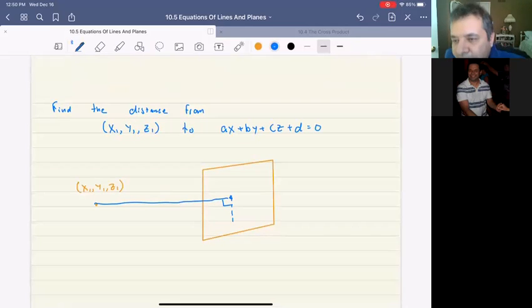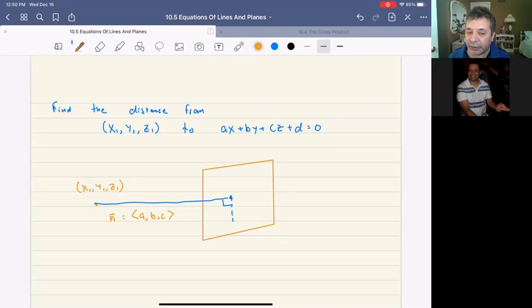We need that to be perpendicular, otherwise it's not going to be the closest point, right? So that means that the normal vector to the plane is ABC.